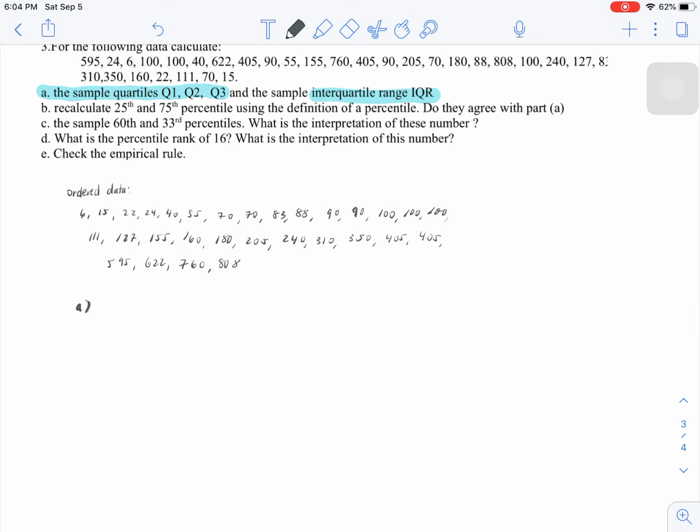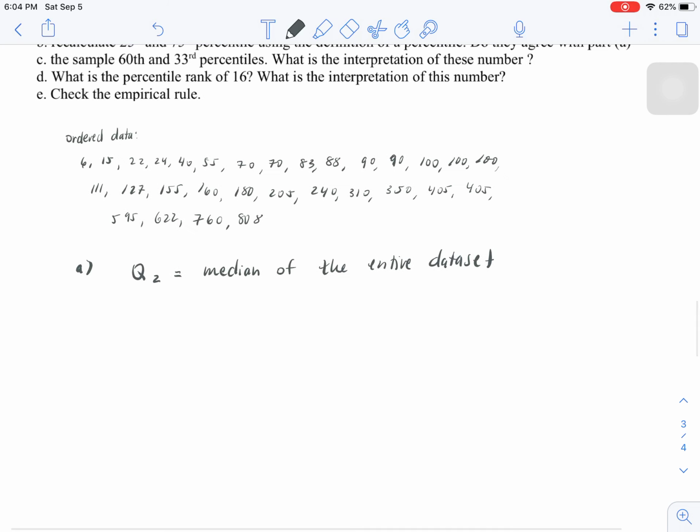To give you a recap, how do we find Q1, Q2, and Q3? Well, Q2 is very simple. It's just the median of our entire data set. In other words, Q2 is the middle of our data set. It splits our data set in half.